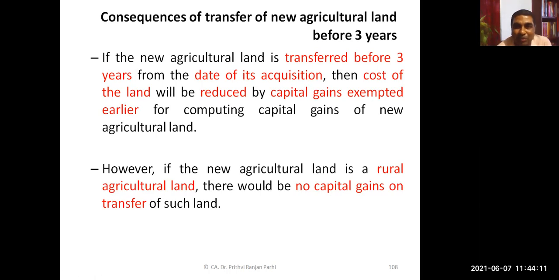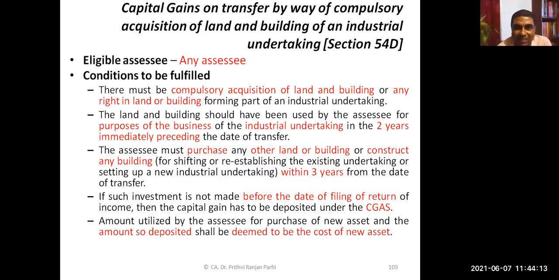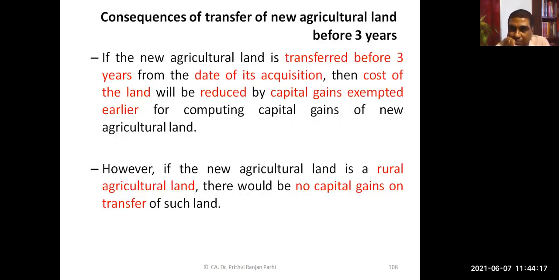This point also you have to remember. Is it clear, friends? Is it clear up to this? Okay, this is also one more tax planning measure. If urban agricultural land is transferred, then one can quickly acquire another agricultural land, maybe in urban area or maybe in rural area, and can avoid tax.